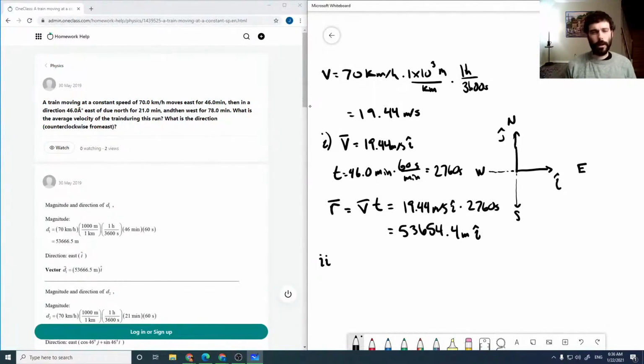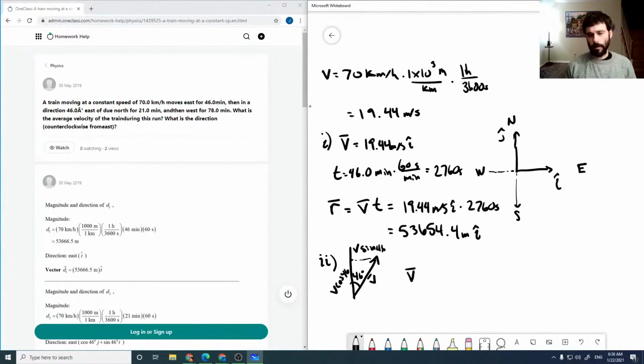Now for my second part, I'm traveling at an angle of 46 degrees east of due north. So that's my angle, 46 degrees. There's my velocity vector. And I can decompose this into V cos 46 and V sine 46.